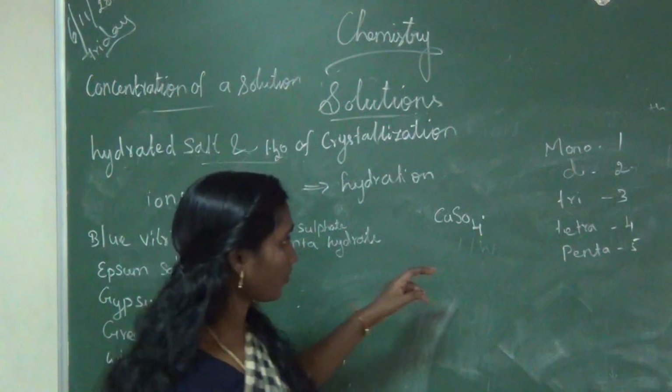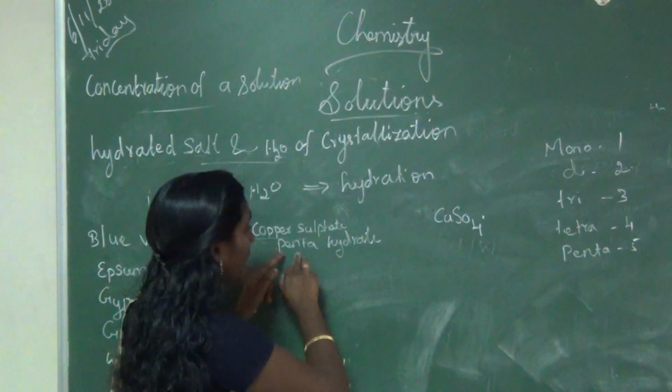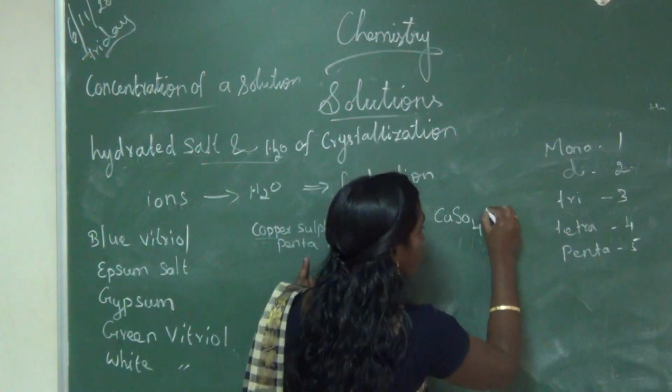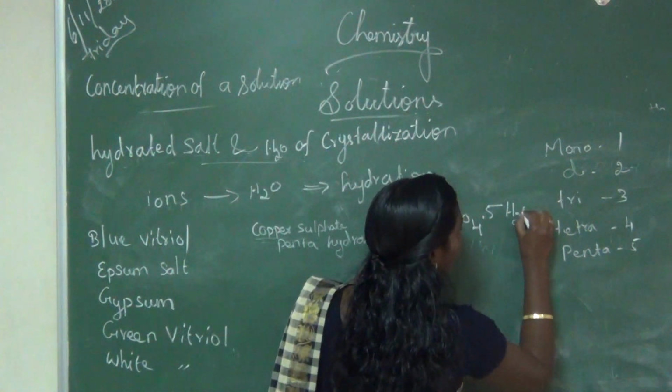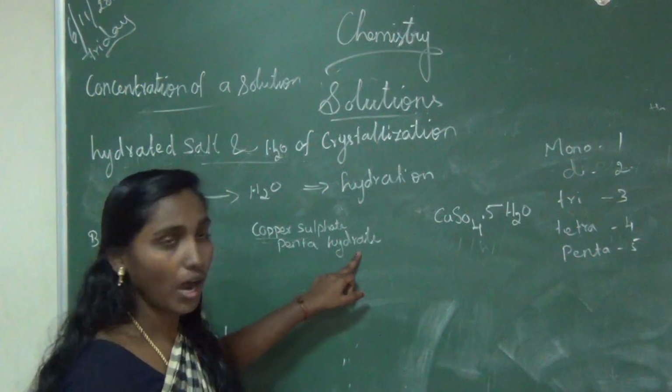Mind these numbers. So copper sulfate, then penta. Penta means 5. Hydrate, you should mention H2O, the water compound. So copper sulfate pentahydrate.